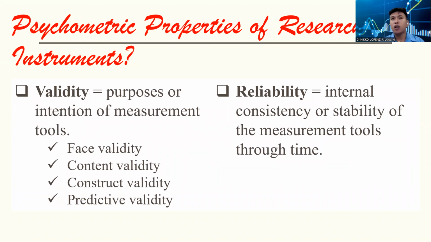This time you are investigating if the instrument that you will use will somehow predict future performance. For example, the achievement test that you have adopted from your reference has a predictive validity indicated there. And the last one is reliability, or the internal consistency or stability of the measurement tool through time.